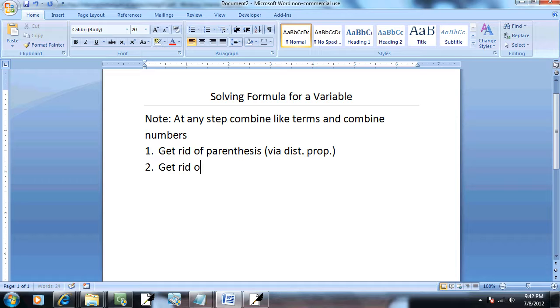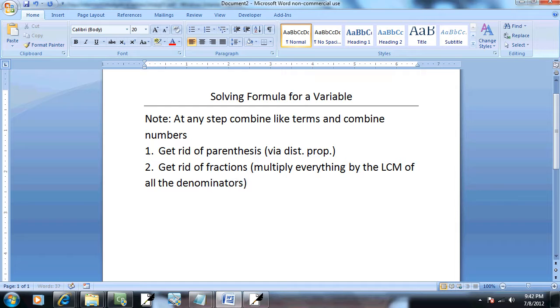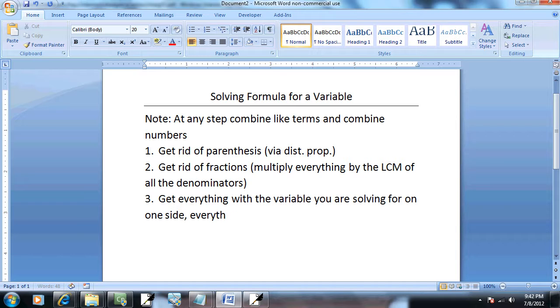Step 2, get rid of fractions. Multiply everything by the LCM of all the denominators. Step 3, get everything with the variable you are solving for on one side, everything else on the other side.